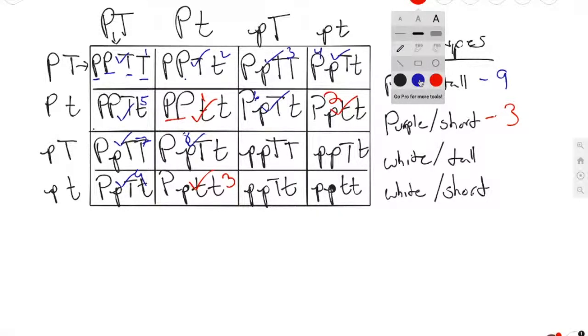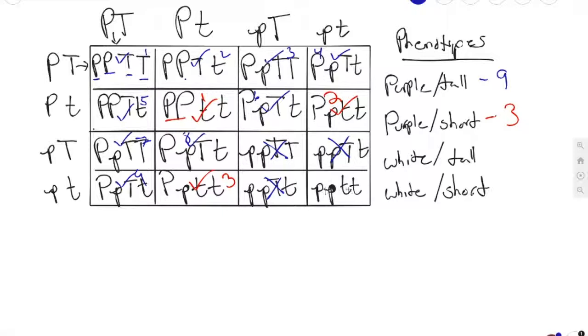I'll switch back to blue. All right, now from the remaining ones, we're going to try to find all the ones that are white and tall. I'm going to use an X this time. So this one is white, and it is big T, so this is tall. This one also is white, little p, and tall, big T, little t. And then this one is white and tall as well. Little p is white, big T, little t is tall.